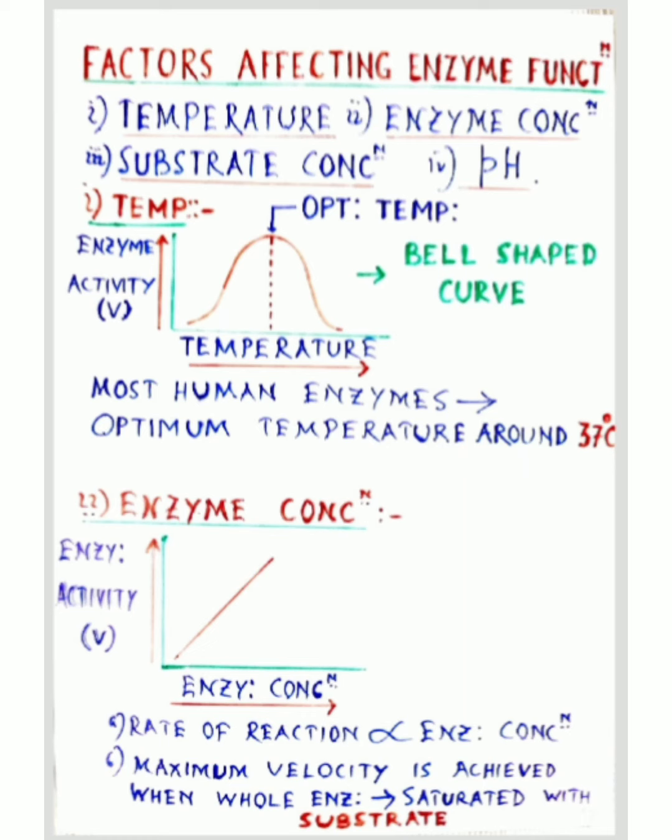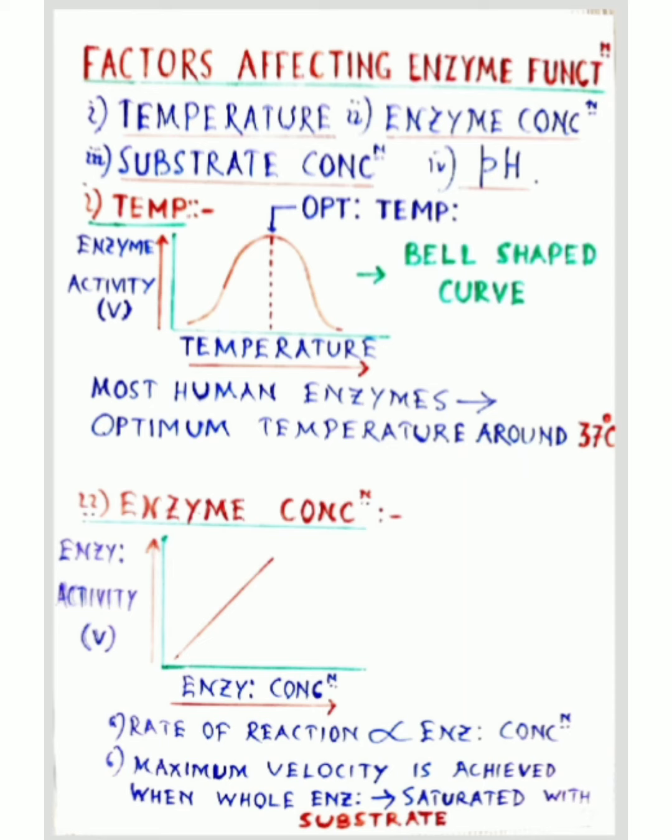The rate of a reaction catalyzed by enzymes is influenced by several reaction conditions or factors like number one, temperature, number two, enzyme concentration, number three, substrate concentration, and number four, pH. Now we will discuss one by one.